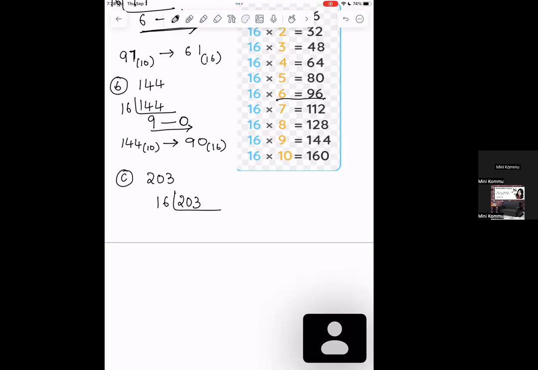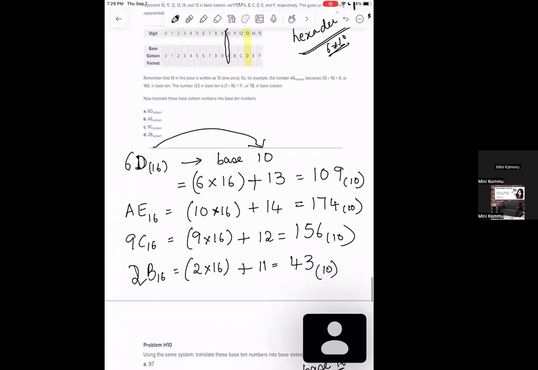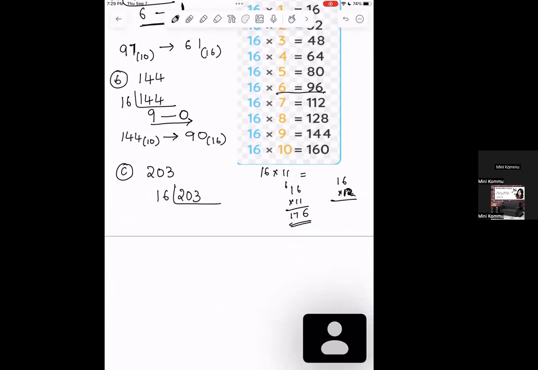16 times 11 is 176. 16 times 12 is 192. 16 times 13 is 208.